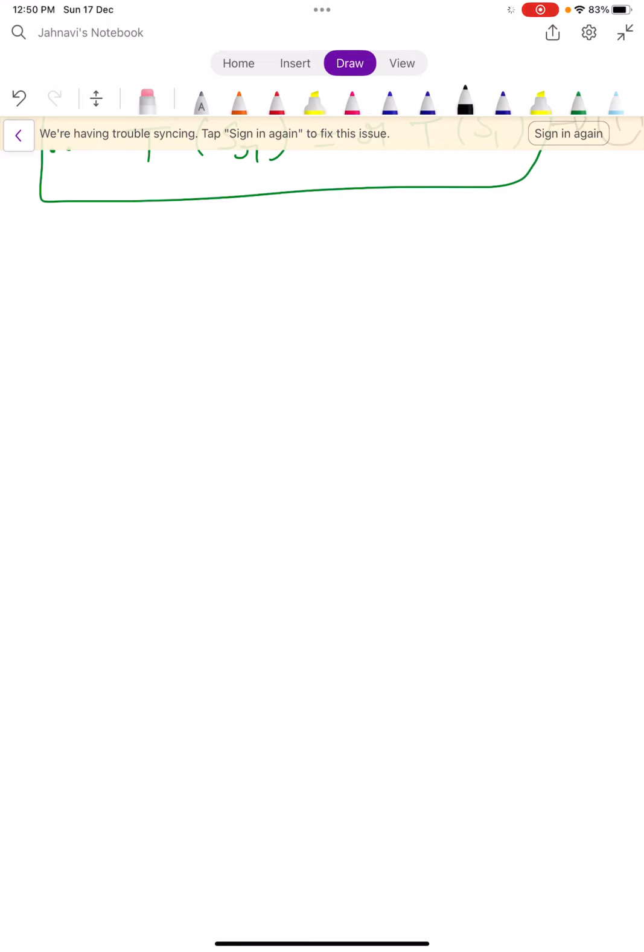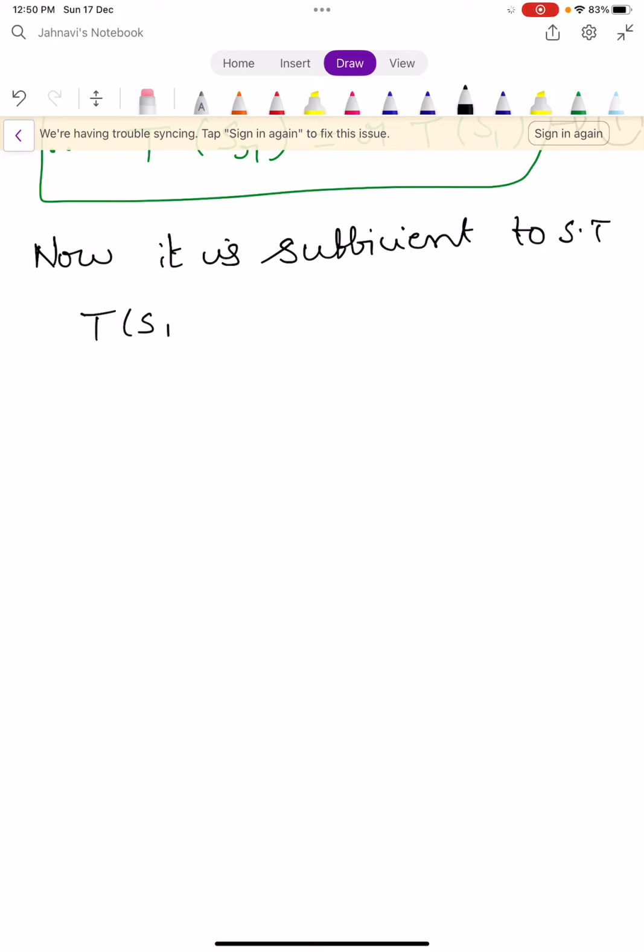Now it is sufficient to show that T of S1 contains some SR dash.